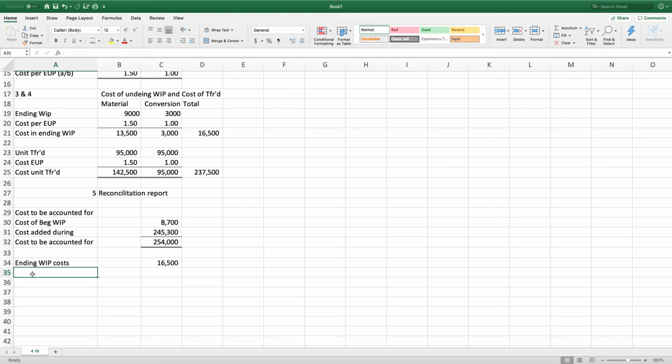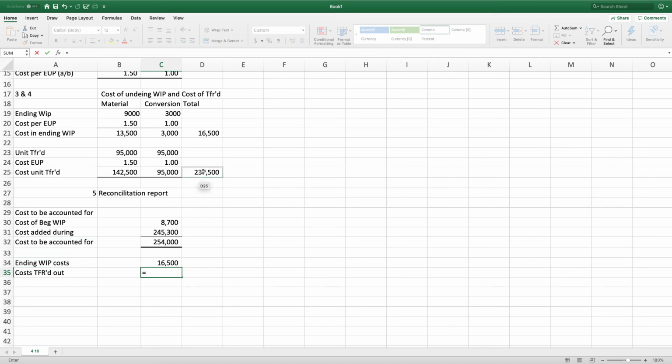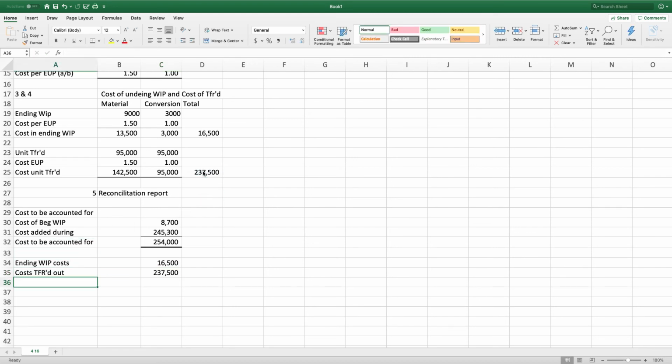So then I take costs transferred out. Well, I don't need to add anything. We already did that problem, right? We have 237,500. And the 237,500 came from part 4, cost transferred out, right? So I'm going to add these up.